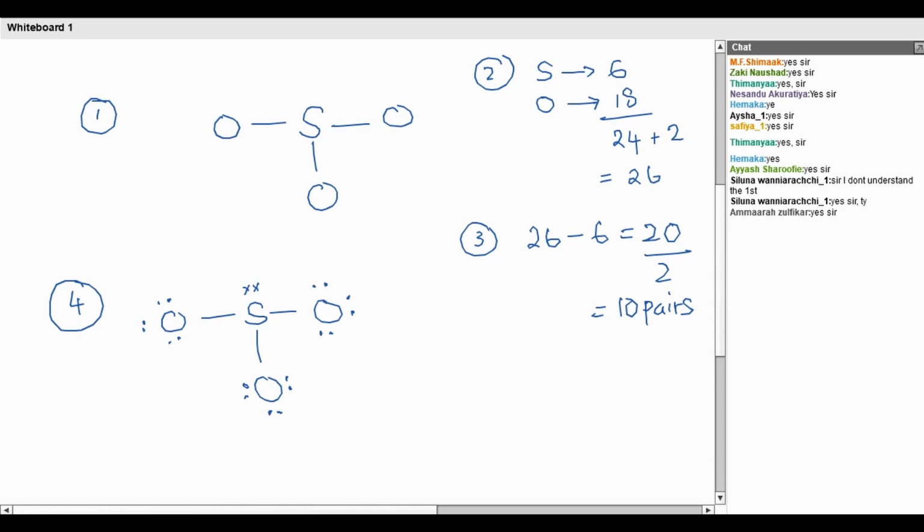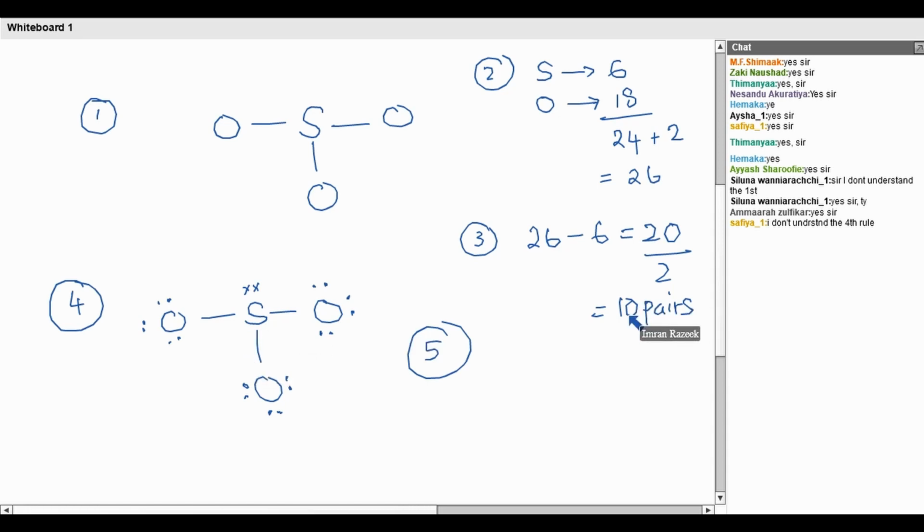And the 5th rule, you look at the central atom. Check whether it has got its valence electrons. The 4th rule is simple.